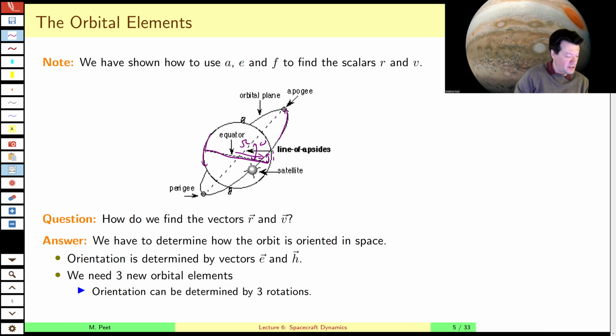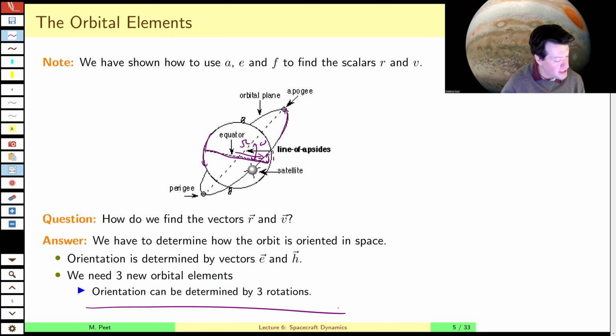We'll come back to those later. So again, defined by rotations of this orbital plane into three-dimensional space. But of course, before we define those rotations, we need to orient ourselves so that we know what we mean by x, y, and z, the unit vectors which define our coordinate system.